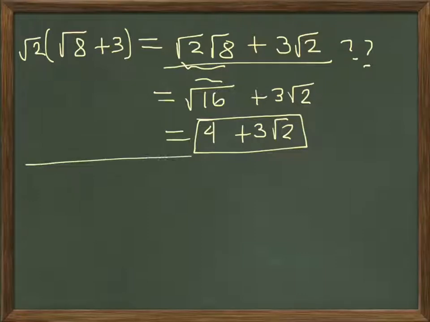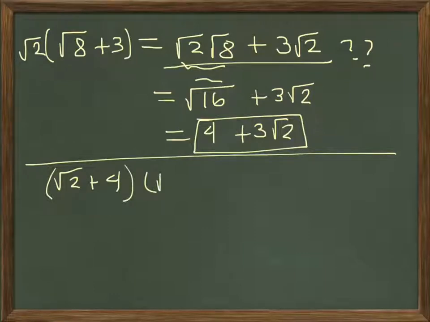Okay, I'm going to do one more example just to finish, because weird things can happen. I'm going to write root 2 plus 4 times root 2 minus 4. So again, nothing new, just multiply as usual. Root 2 times root 2, hope you see that this is a 2, right?